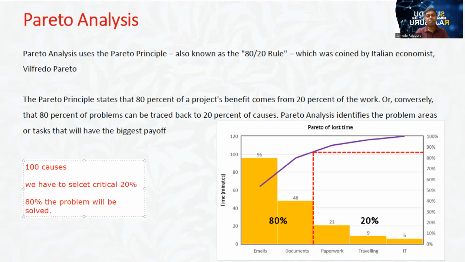So if there are 100 causes, 20 are the critical causes. When we solve those 20 causes, we can expect 80% of the solution to the total problem. If there are 10 causes, that means 2 critical causes. When we solve those 2 critical causes, 80% of the problem will be solved. This was introduced by the Italian economist Vilfredo Pareto through several researches.